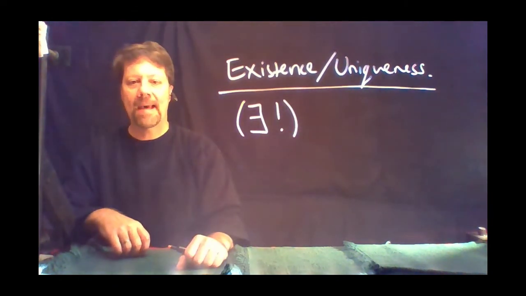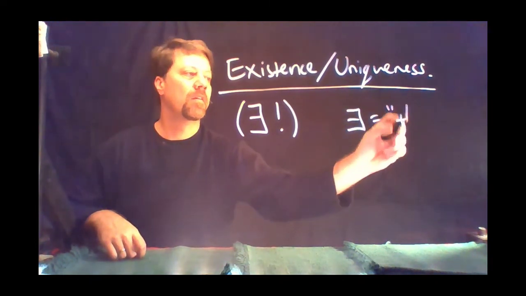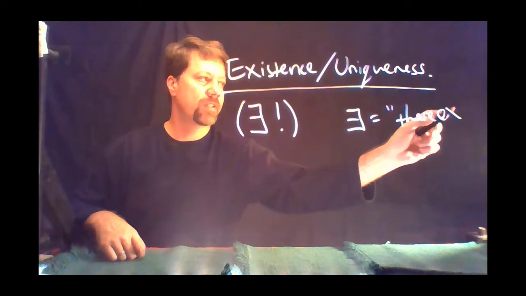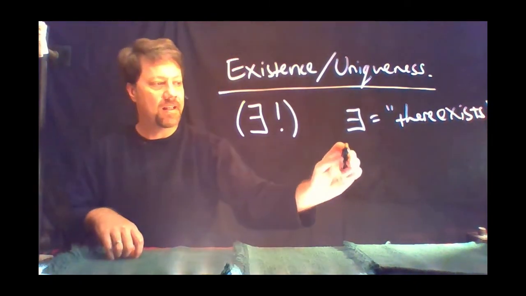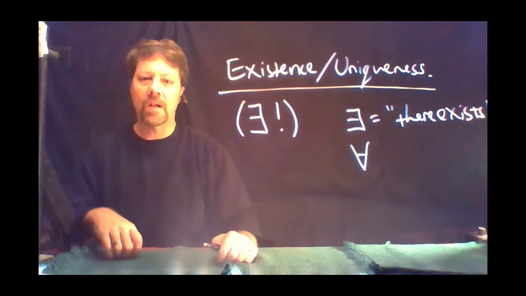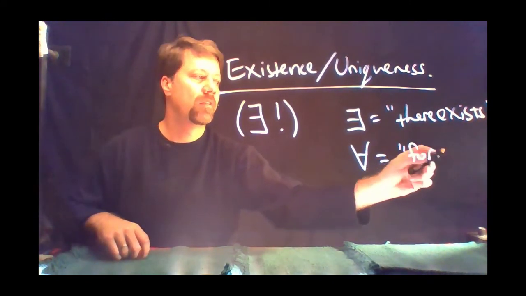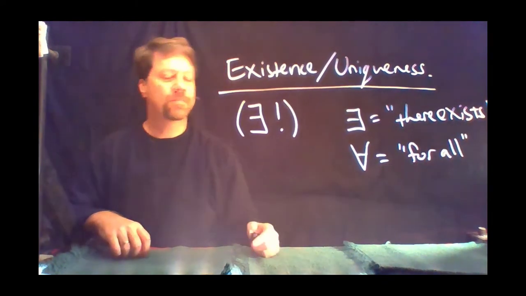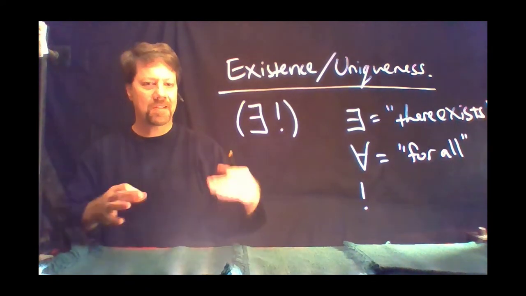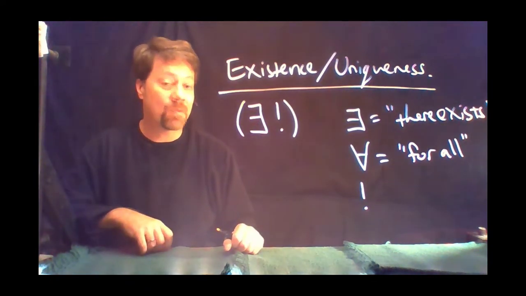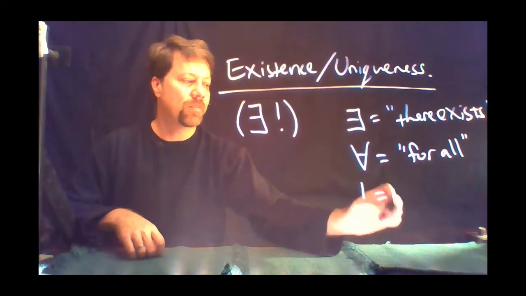The backwards capital E is the logical quantifier there exists, and the other logical quantifier is an upside down capital A, which means for all, whereas this symbol is kind of like a symbol of surprise that something happens, and that's because it's so unique. This is the symbol for uniqueness.